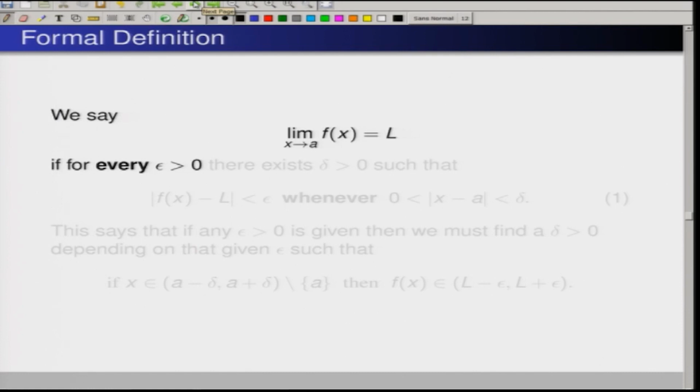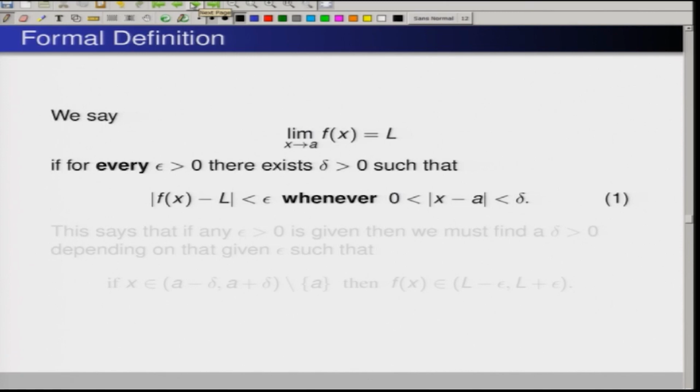If somebody gives us an epsilon, then there exists a delta, a positive number, such that the absolute value of f of x minus L is less than epsilon whenever x is within this interval: here is a, this is a plus delta and this is a minus delta. Whenever x is lying anywhere in this interval except a, then the absolute value of f of x minus L is less than epsilon.